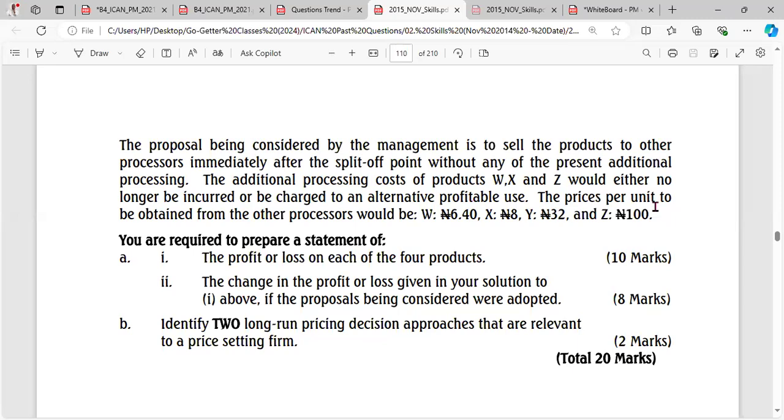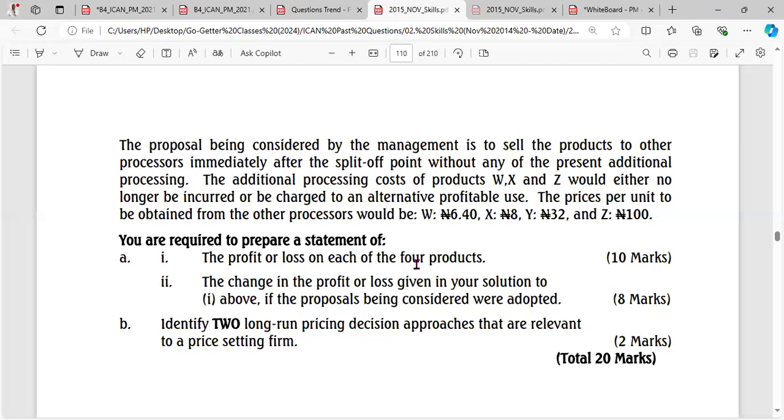The prices per unit to be obtained from other processors would be 6 naira, 40 kobo, 8 naira, 32 naira, and 100. You are required to prepare a statement of 1. The profit or loss on each of the 4 products.